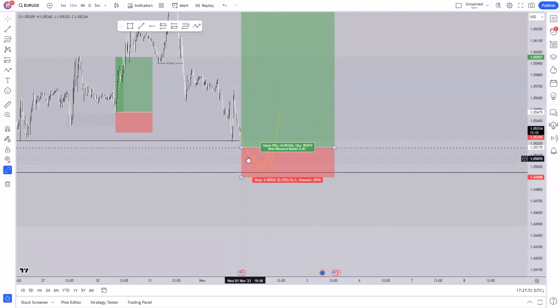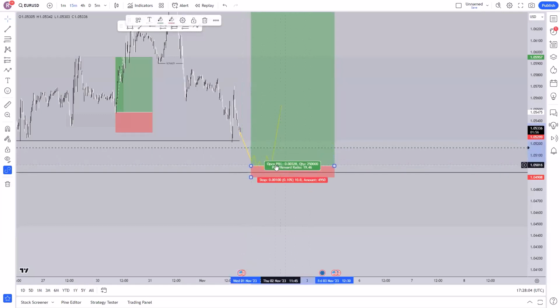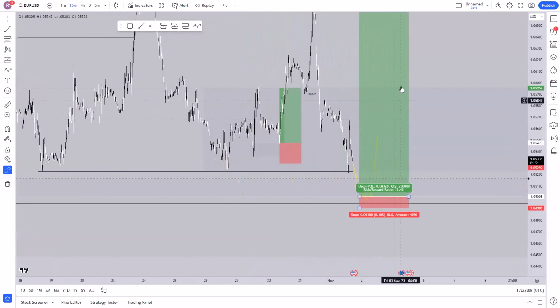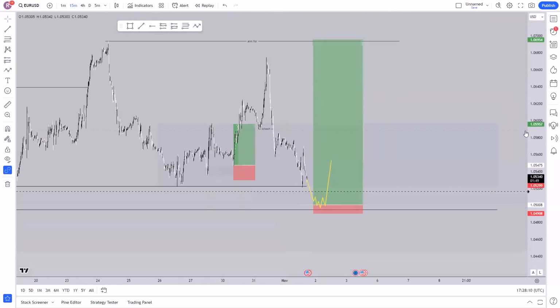All I'm saying is rather than entering up here, you could have entered down here on this refined POI and got a much higher risk to reward and would have got a lot more money for doing your analysis.